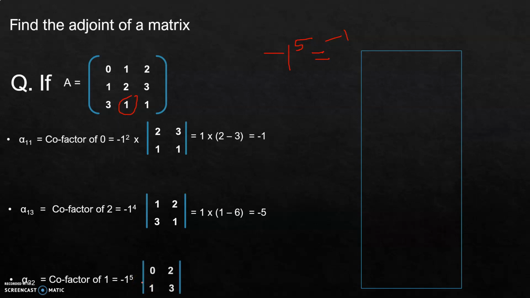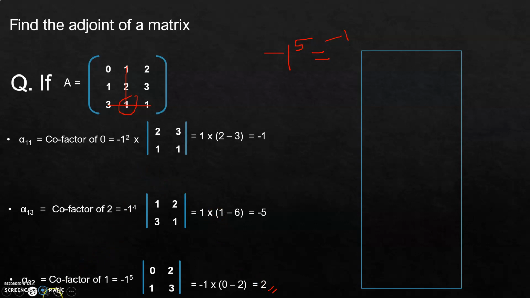Into the determinant of, delete the third row and the second column in which the element lies. So the remaining is 0 1 2 3, equal to minus 1 into 0 into 3 minus 2 into 1, that is equal to minus 2, so minus 1 into minus 2 is equal to plus 2.